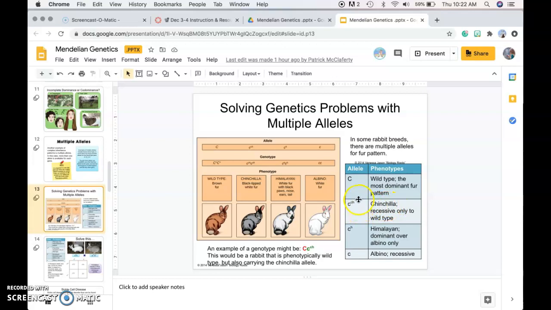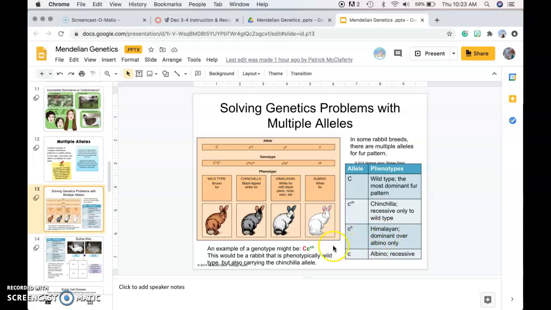Chinchilla, the C-chinchilla, is recessive only to wild type. That means if C-chinchilla is paired with the wild type, then the wild type is going to show. But if C-chinchilla is paired with C-Himalayan or c, it's going to be the dominant one. The only allele it's recessive to is this capital C here, the wild type.